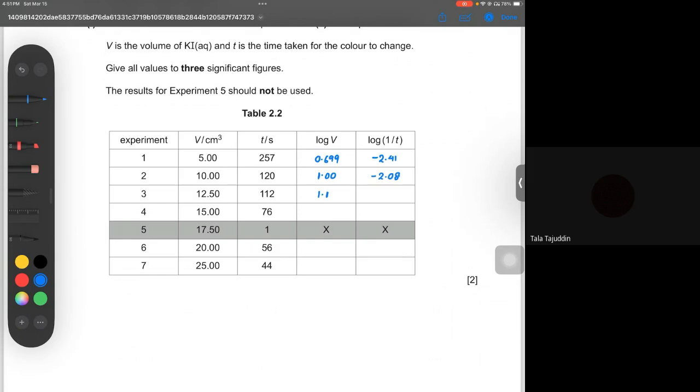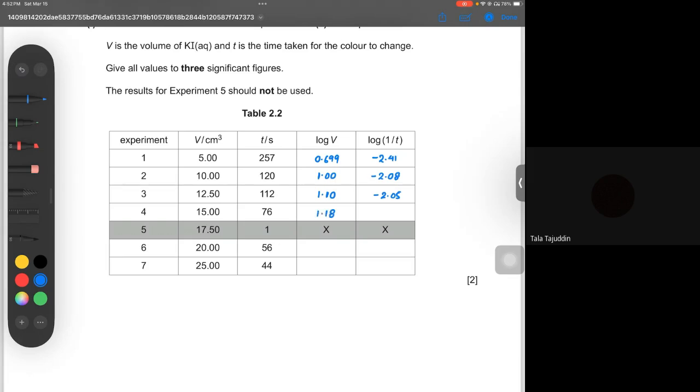Okay. Then next. Negative 2.049. Okay. Then next. 1.176, approximately 1.18. Okay.